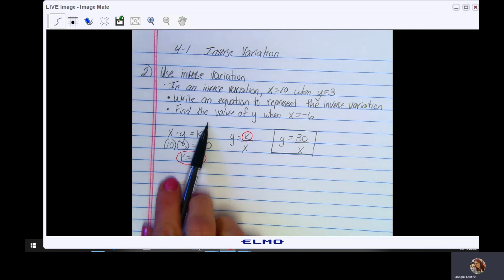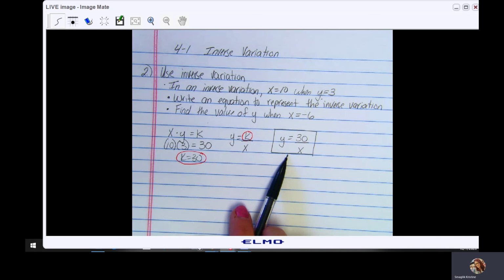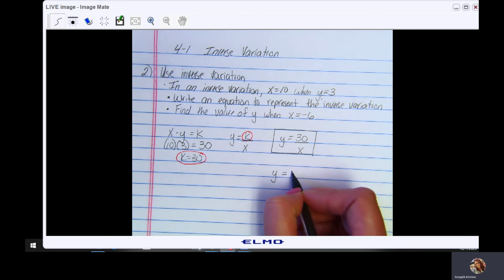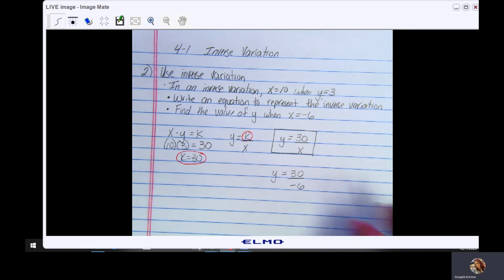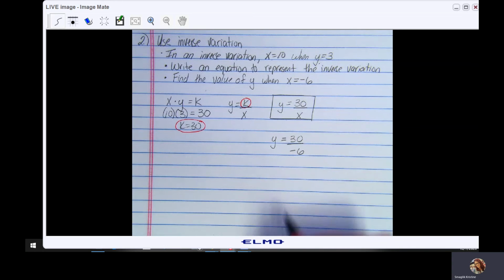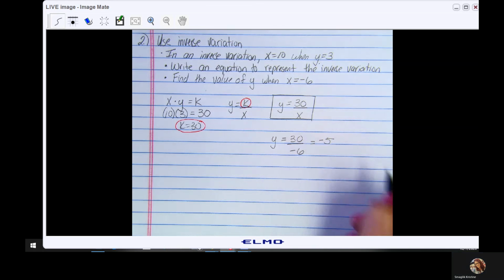Now, the second problem I'm given is find the value of y when x equals -6. Well, that's as easy as just plugging -6 into your equation. So we would have y equals 30 divided by -6. Well, that means y equals -5.